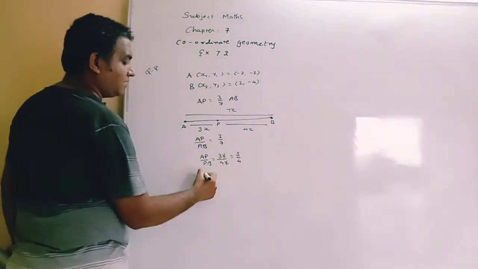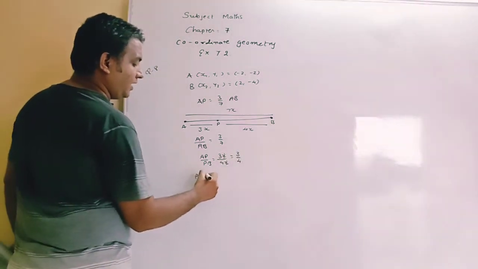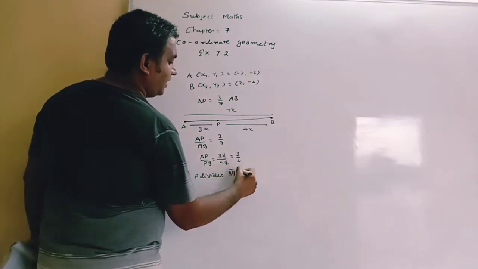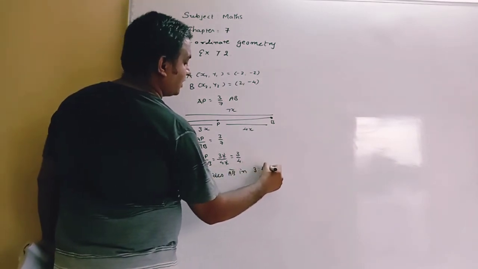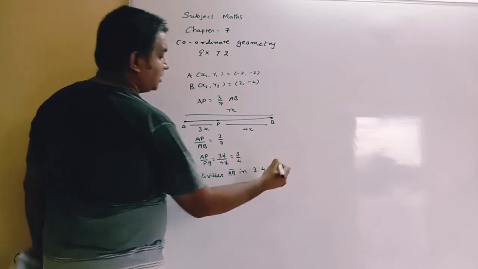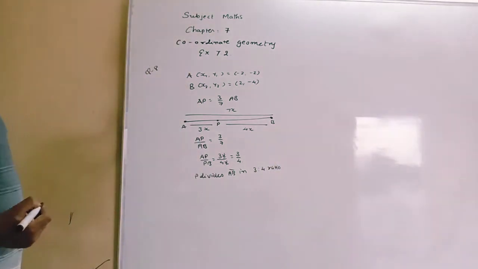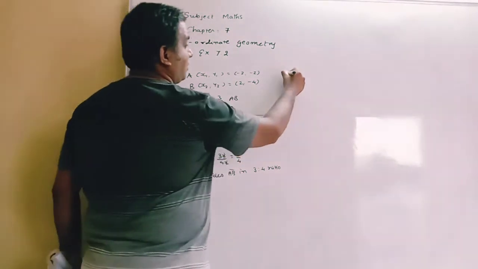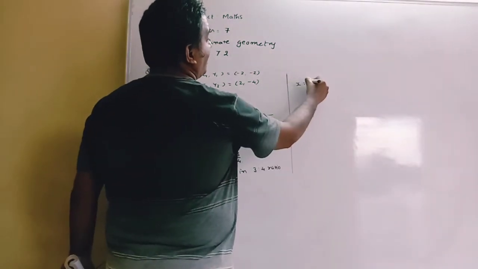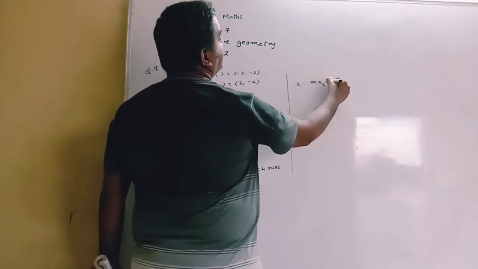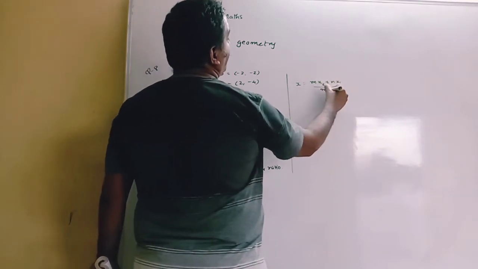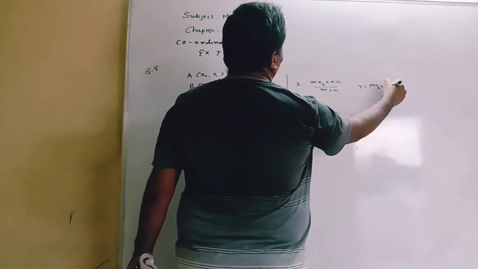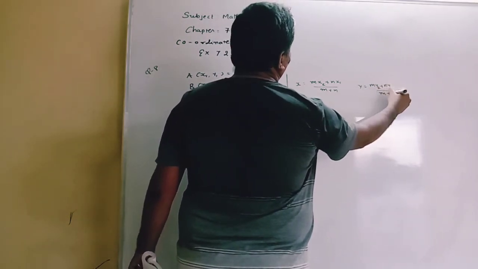That means P divides AB in the ratio 3:4. So we calculate its x coordinate and y coordinate. The x coordinate is (mx2 plus nx1)/(m plus n), and the y coordinate is (my2 plus ny1)/(m plus n).